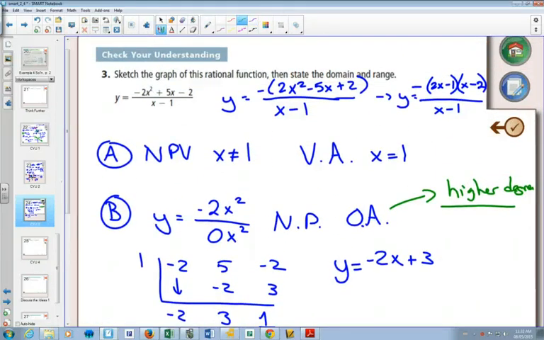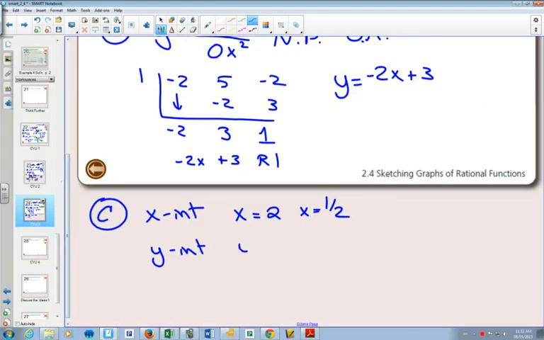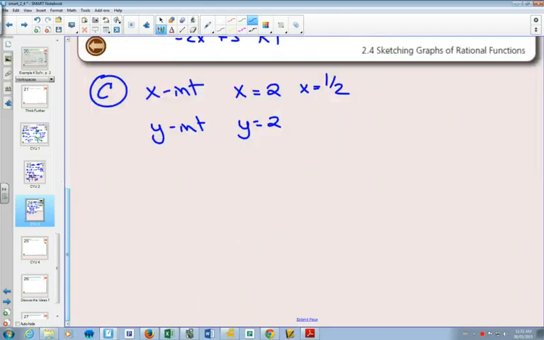Again, it might be easiest to go to our original equation before it was factored. You're going to be left with negative 2 over negative 1. So our y-intercept is at y equals 2. We may need to add some extra points to this. We're going to see after we start graphing.